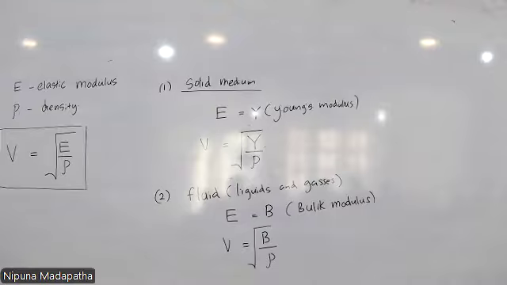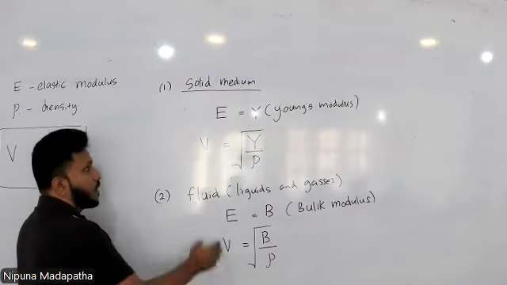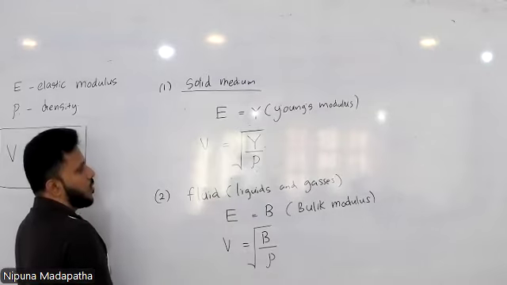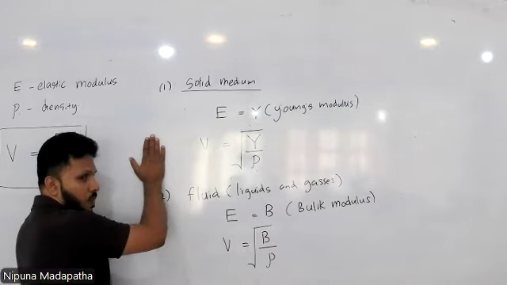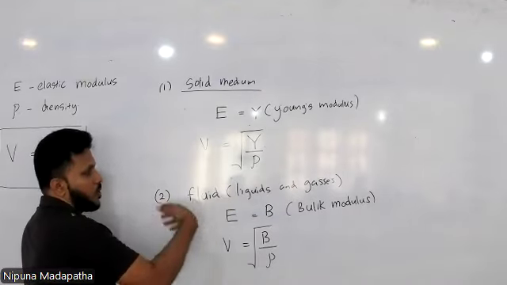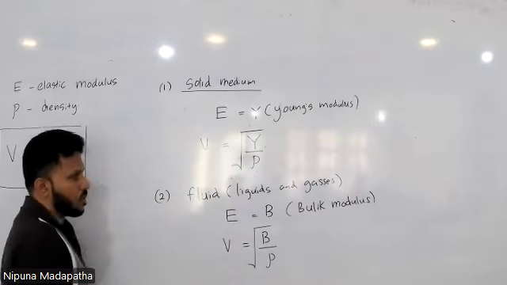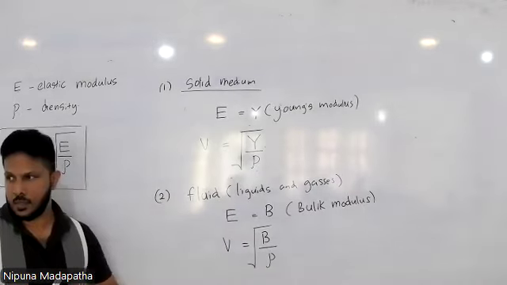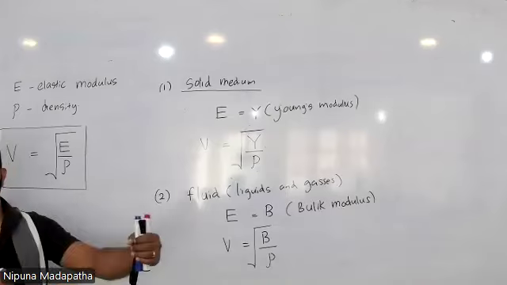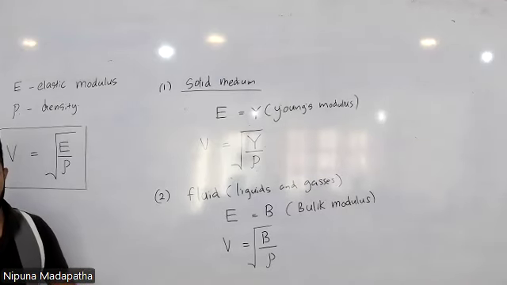The only thing is that the elastic modulus changes with the nature of the medium. If it is a solid, elastic modulus is known as Young's modulus. If it is a fluid, liquid or gas, elastic modulus is bulk modulus, because these fluids have bulk properties. If we apply pressure, volume changes.